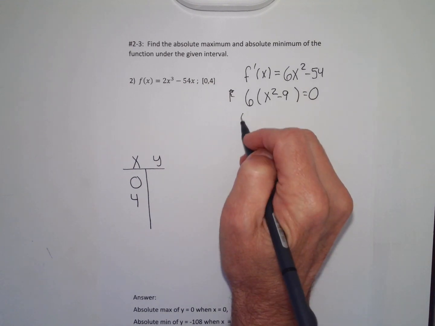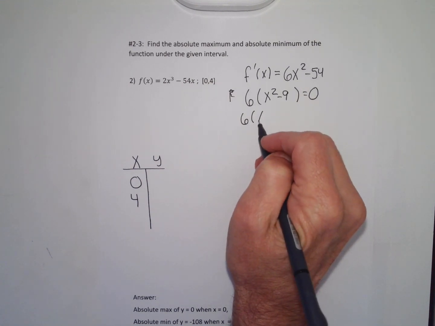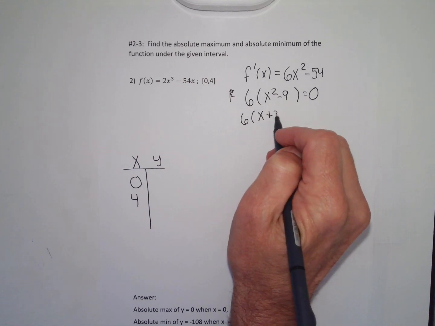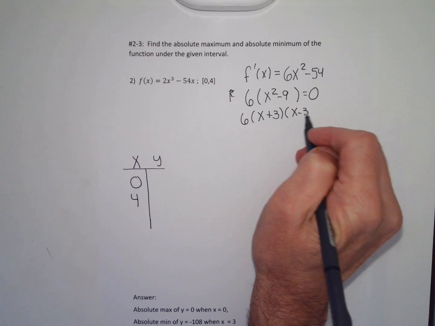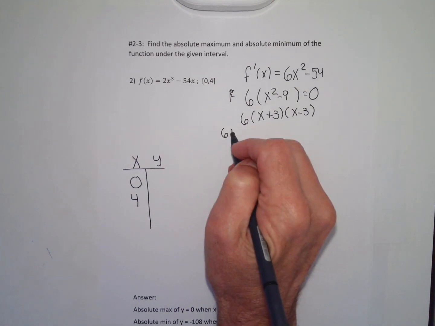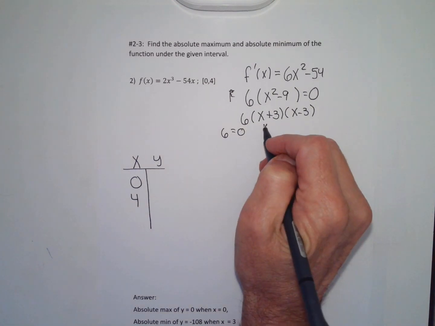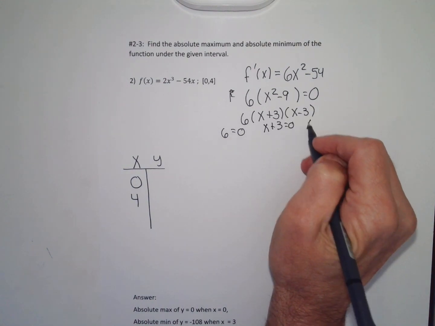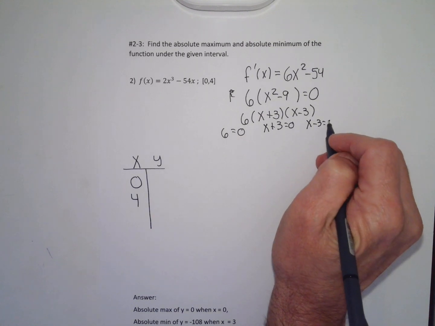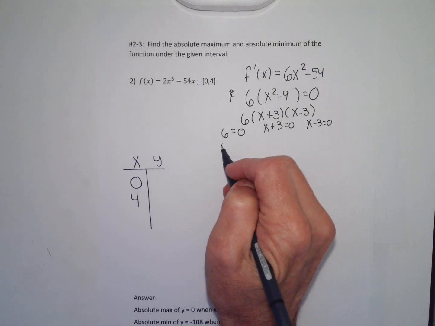And that x squared minus 9 factors into (x plus 3)(x minus 3). Technically, I should say take each factor and set them separately equal to 0, but realistically, I should probably do that in my head. There's no real algebra here that can't be done in your head.